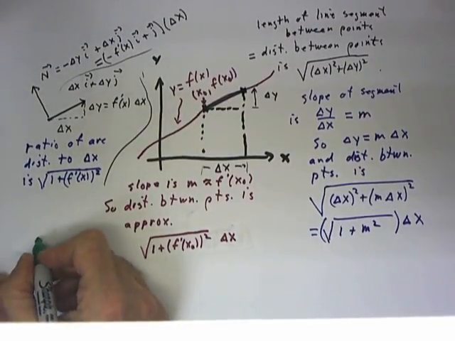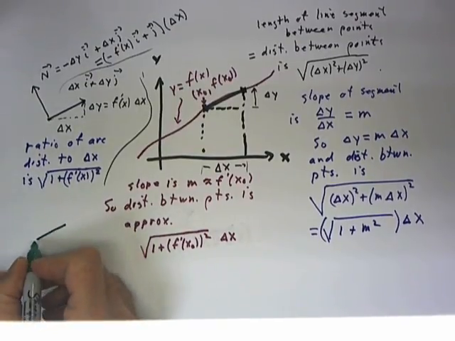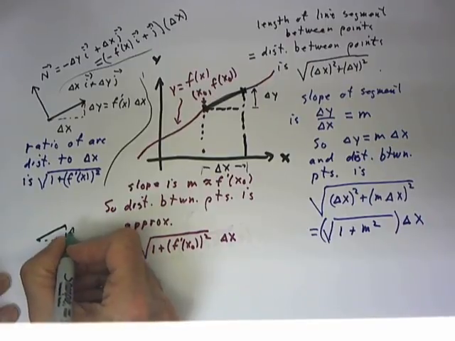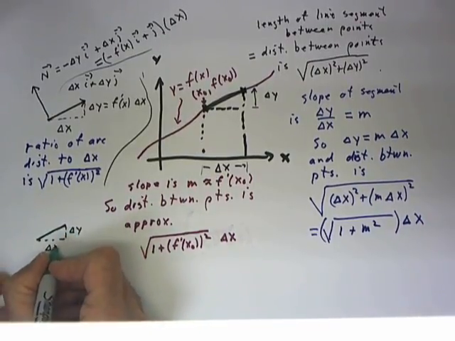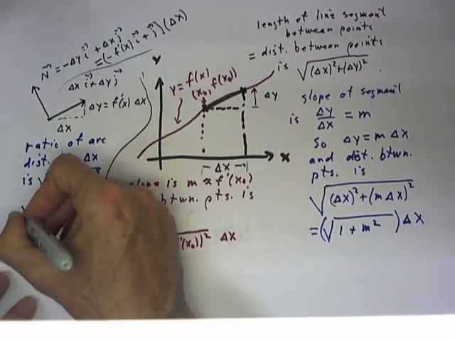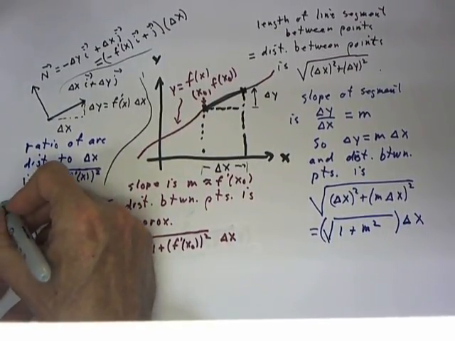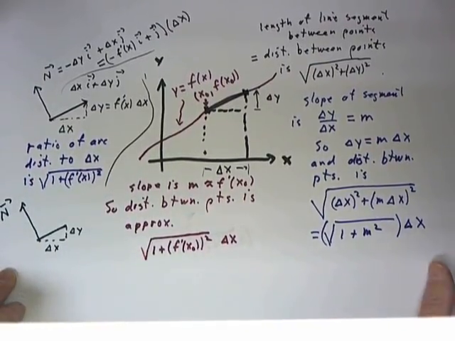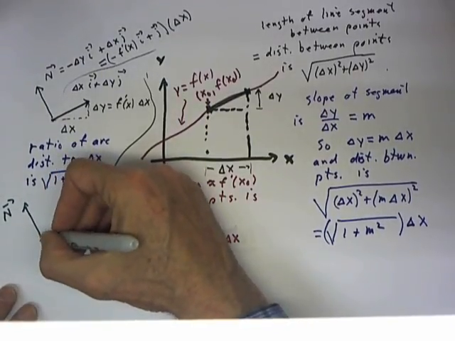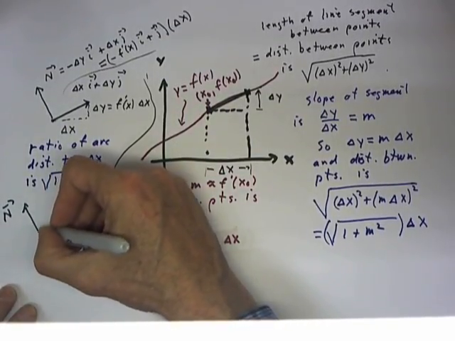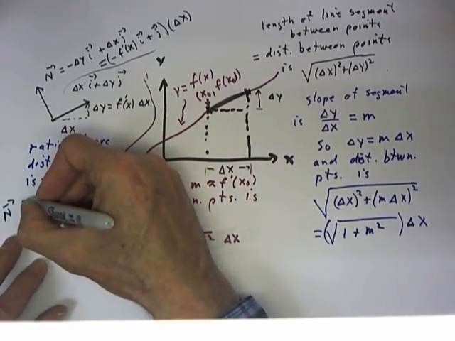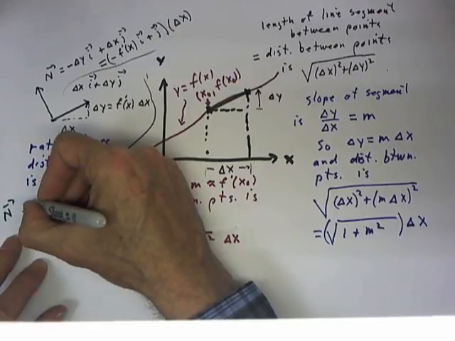If we resketch our segment, with delta y and delta x here, and our normal vector, our n vector here. We can sketch the projection of the n vector on the y direction.